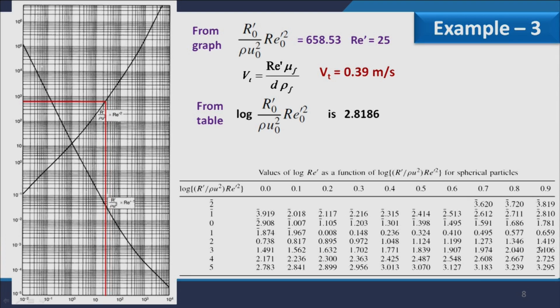And how can we find this value? By interpolation. When we do the interpolation, log Re dash we can find as 1.36, and the corresponding Reynolds number value is coming as 22.9, and therefore we can calculate the velocity as 0.359. So in this way we can calculate the velocity.